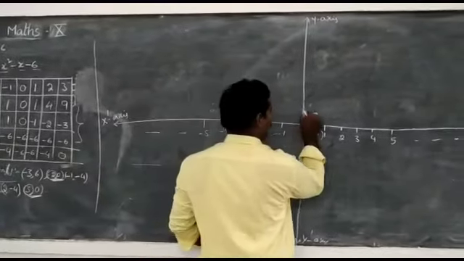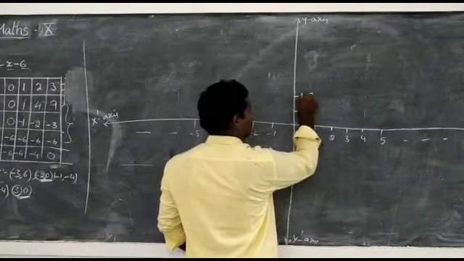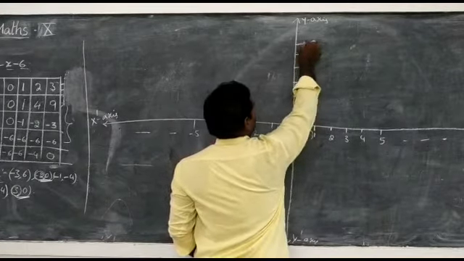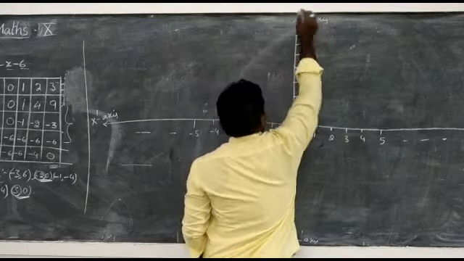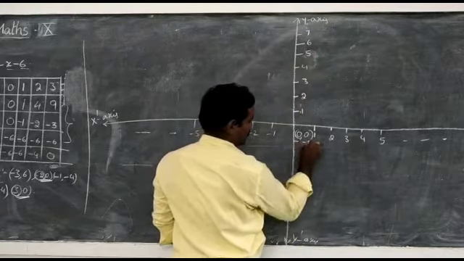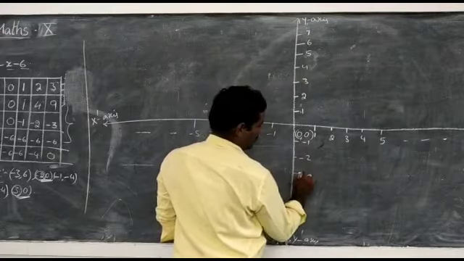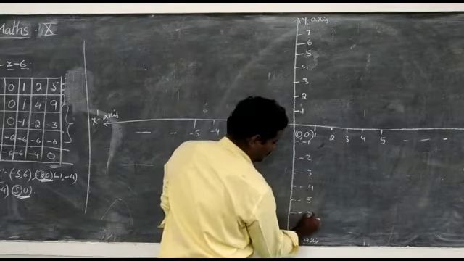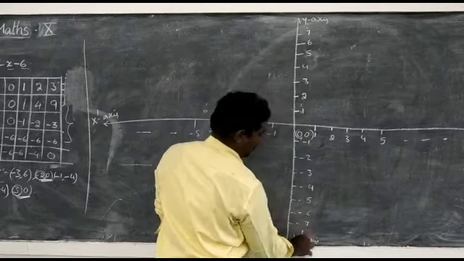That means I am taking 1 unit, it is enough: 1, 2, 3, 4, 5, 6, 7, -1, -2, -3, -4, -5, -6, -7 and so on.